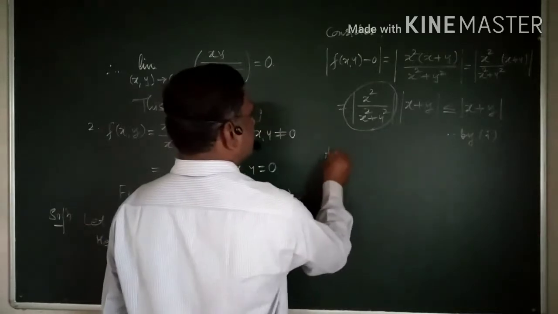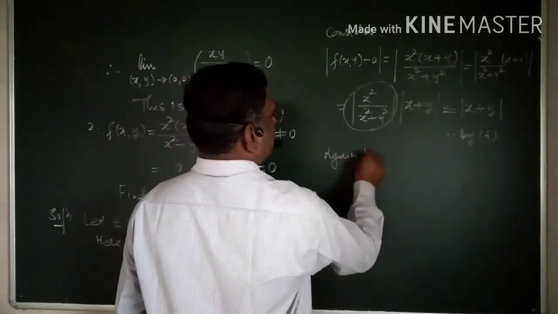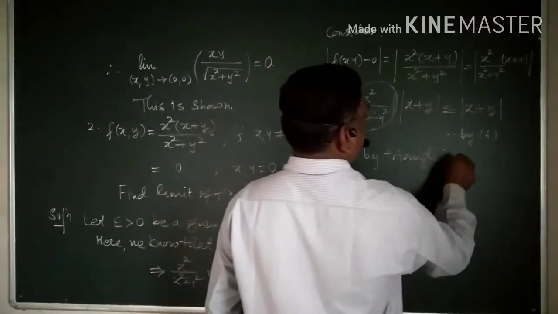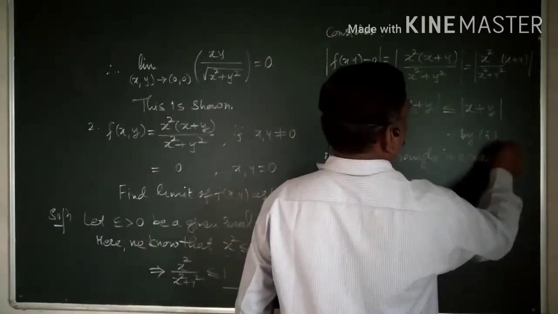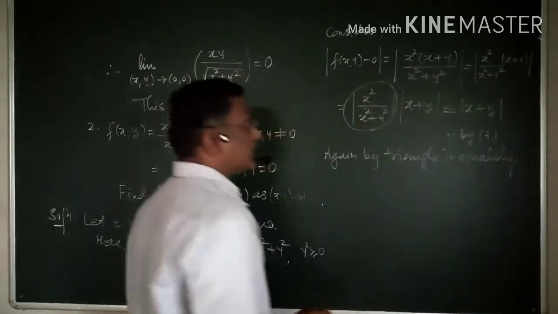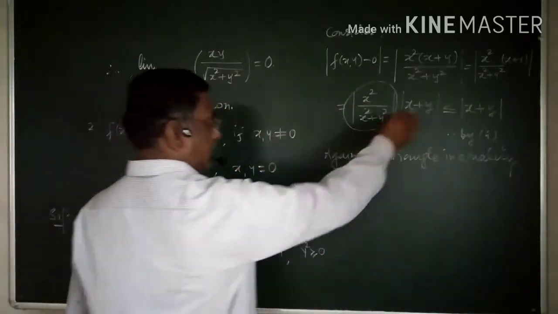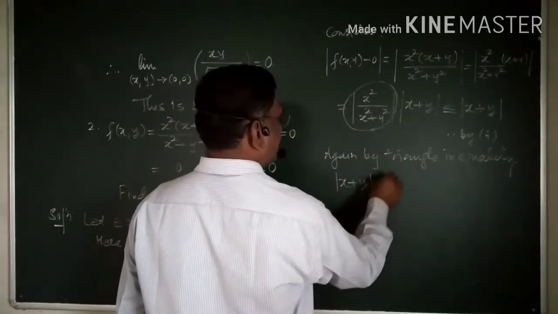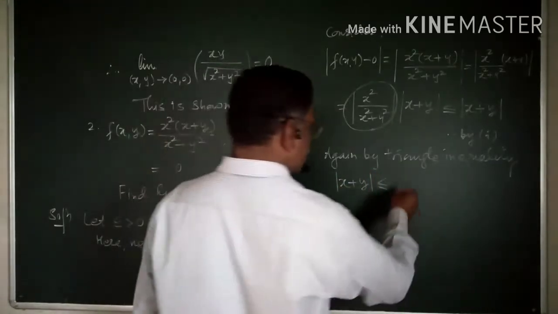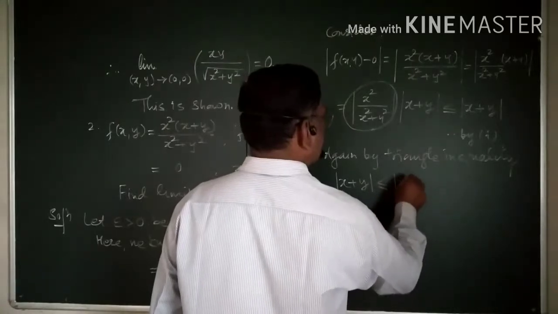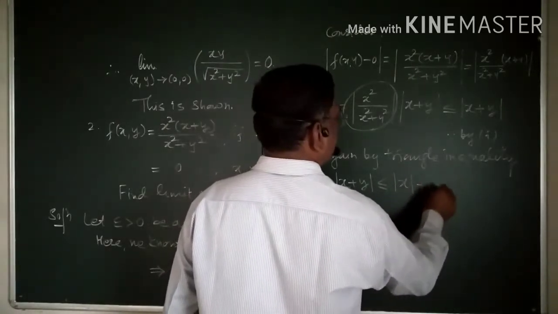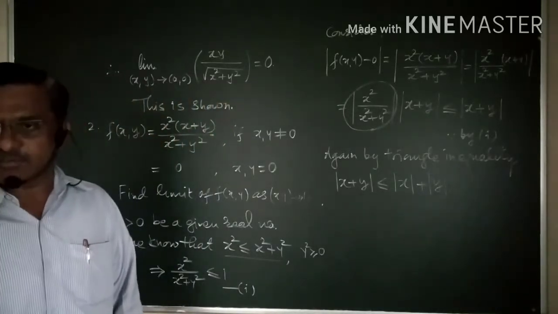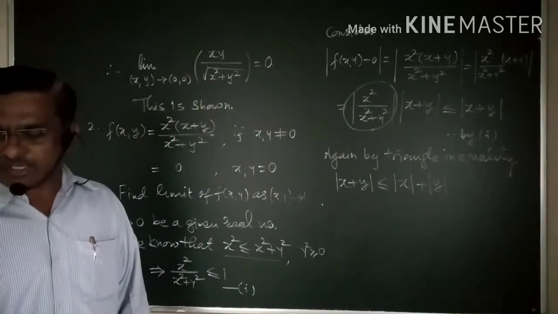Now again, by the triangle inequality, which we had in first year BSc calculus, the absolute value of x plus y is less than or equal to the absolute value of x plus the absolute value of y.